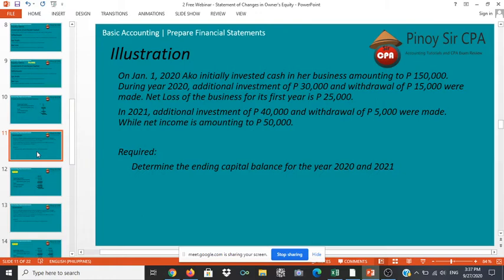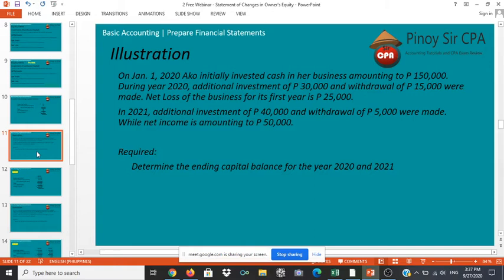On January 1, 2020, Ako initially invested cash in her business amounting to 150,000. During year 2020, additional investments of 30,000 and withdrawal of 15,000 were made. Net loss of the business for its first year is 25,000. Okay, given naman yun. Kadalasan naman pag nagsisimula talaga ang business.